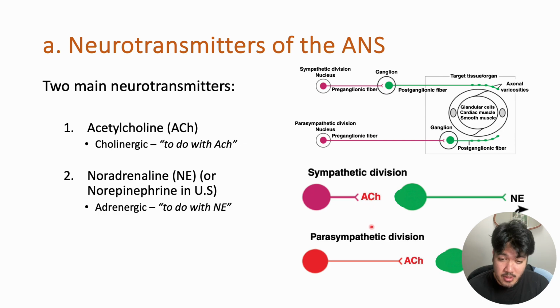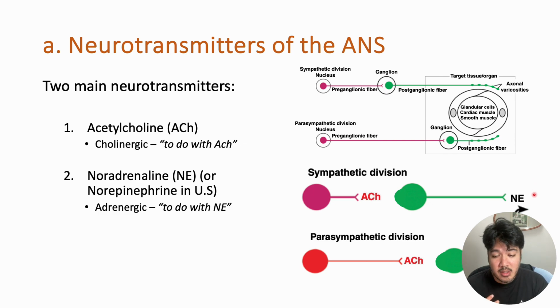It's very similar in the case of the parasympathetic division. It uses acetylcholine as the neurotransmitter between your pre- and postganglionic fiber. Now, this is where things are a bit more interesting. In your sympathetic division, your postganglionic fiber uses a different neurotransmitter. It uses norepinephrine or noradrenaline to talk to your target organs.